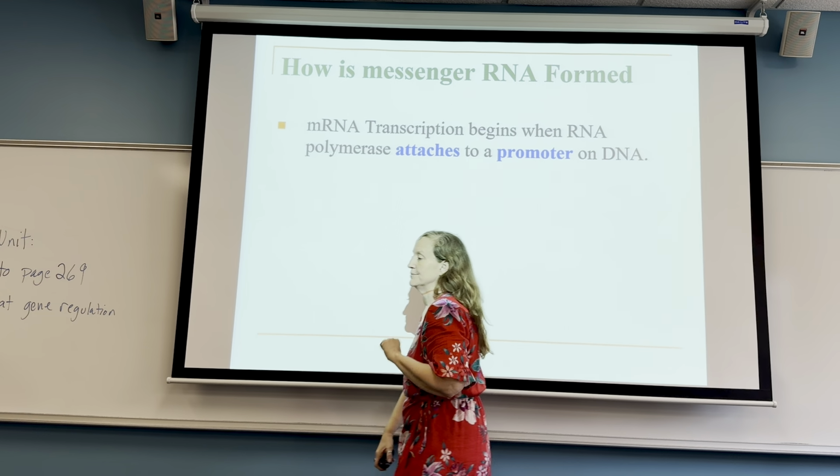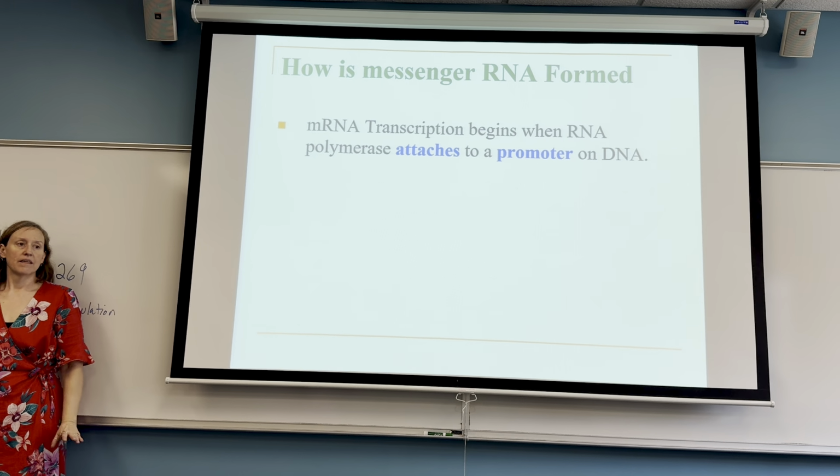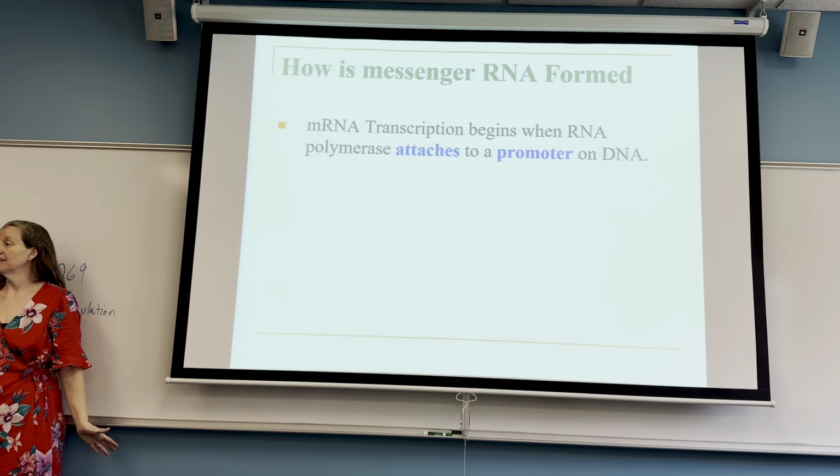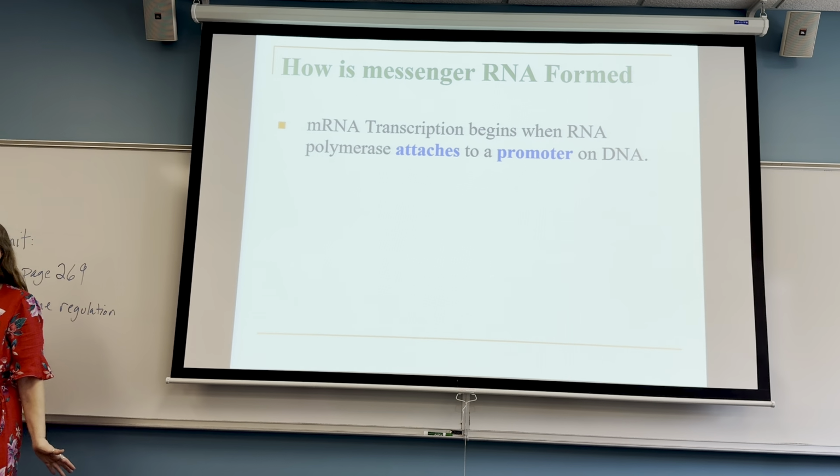Okay, so what happens is the area of the DNA that we need, the gene, whatever that product is that we need right now in our cell, the DNA is going to untwist, and it's going to separate the template strand.